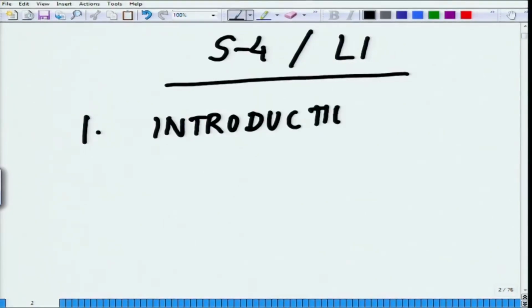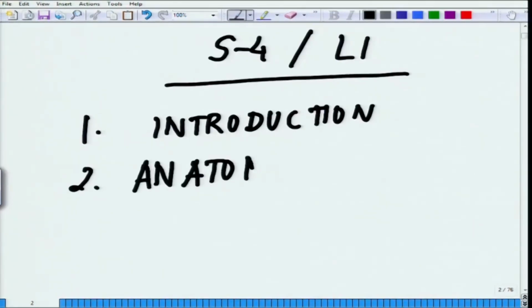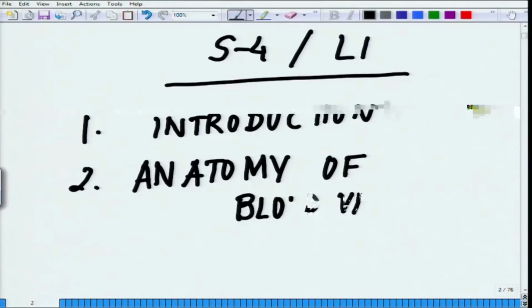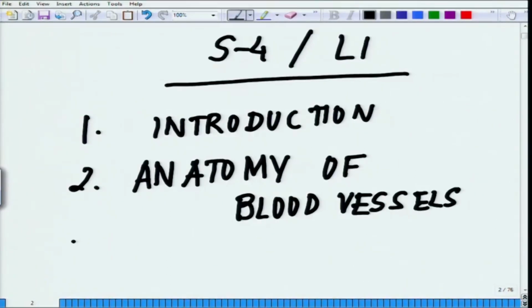Then, especially in this class, we will be talking about the introduction and the anatomy of blood vessels. These are the two interesting aspects we are going to deal with in this lecture.